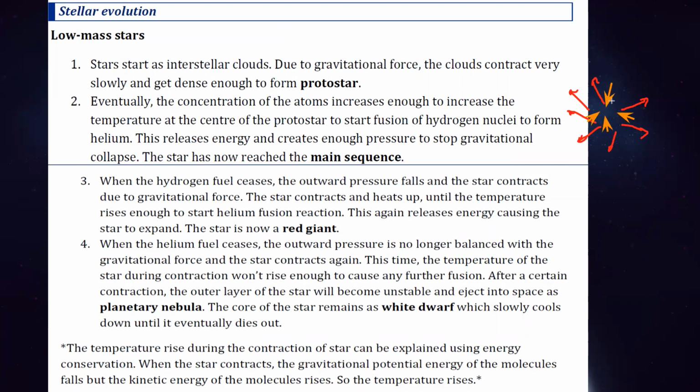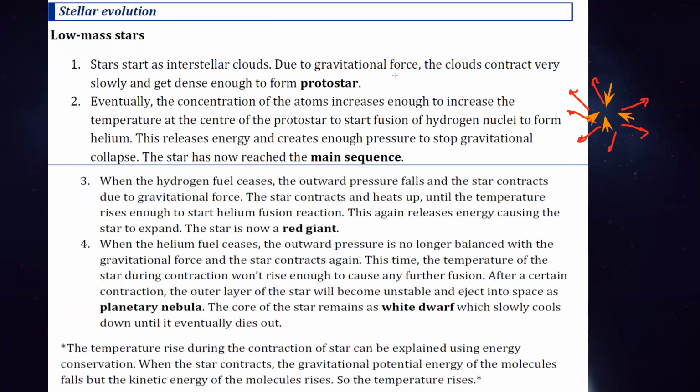So there is a balance when the star is in the main sequence, like our sun, which is also a main sequence star. The sun is having a balance between the radiation pressure and the gravitational force. But once the hydrogen fusion ceases, the star is not creating enough energy, so the star starts to contract.